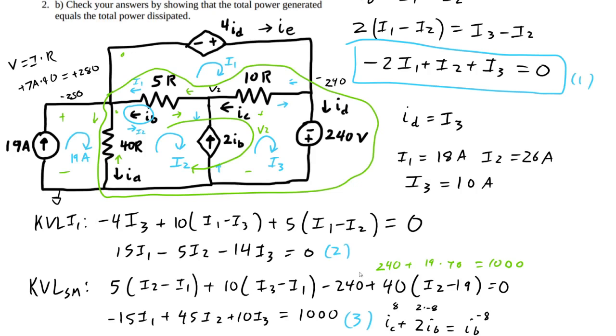So if the voltage drop across the 10 ohm resistor, IC is 8 amps. So 80 volt drop across it.